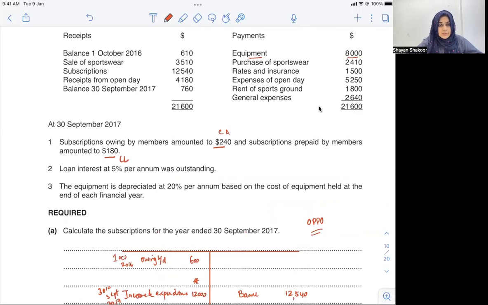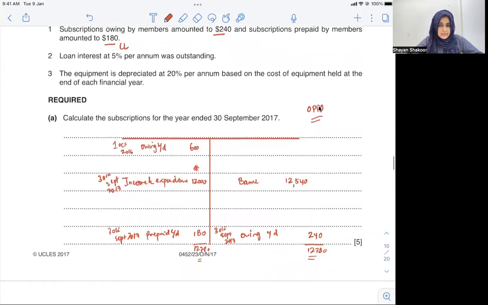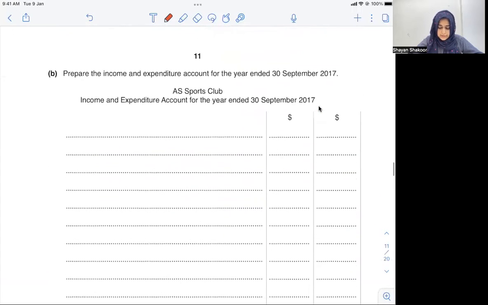Here we have open day. The money that you receive for open day is 4180, and the money that you are paying for expenses of open day is 5250. Hence, it's a loss on open day. So we'll not treat this as an income because we've spent more on open day as compared to what we have received. We'll put that in the expenditures section of the income and expenditure account.